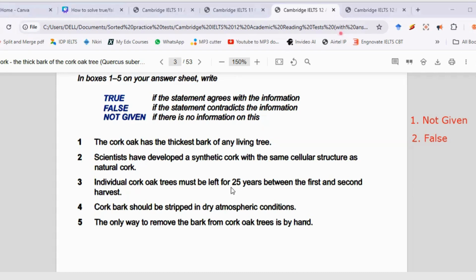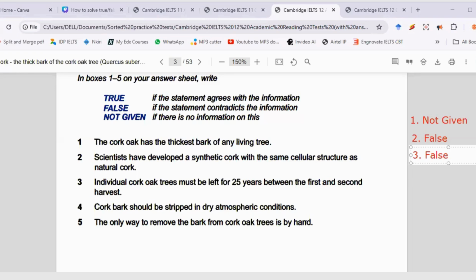Why? The figure is not 25. The figure is 10. This is the problem here. From the passage, the number of years should be 10, but here we have 25. So our answer to number 3 is going to be false.